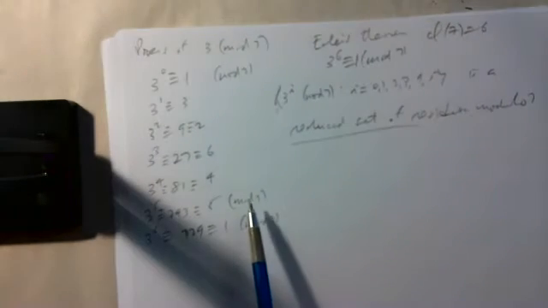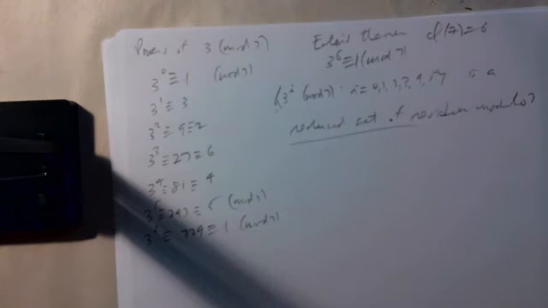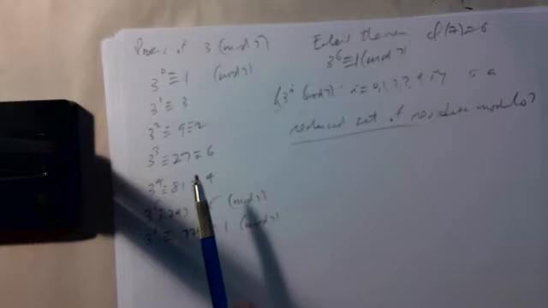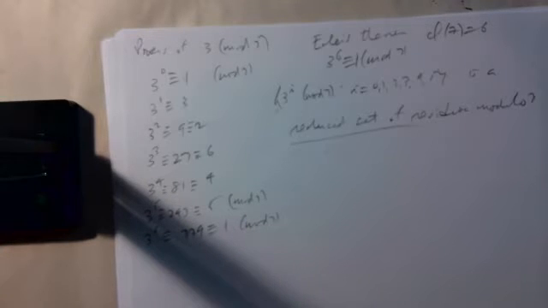Every non-zero congruence class is congruent to a power of 3 mod 7. So with the powers of 2, you only got 1, 2, and 4. But with the powers of 3, you get everything, every non-zero congruence class. And that is a very interesting phenomenon.